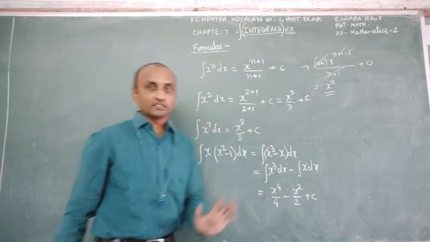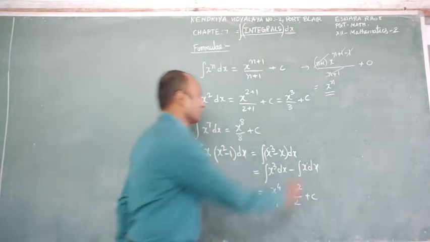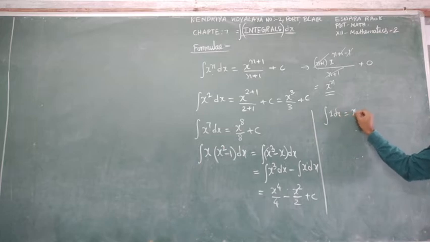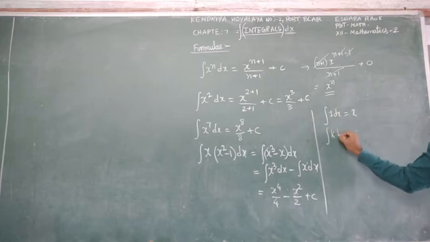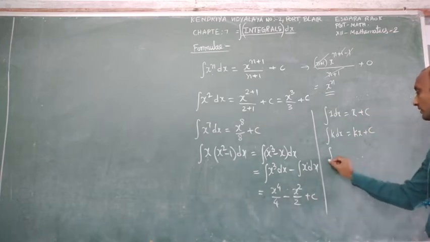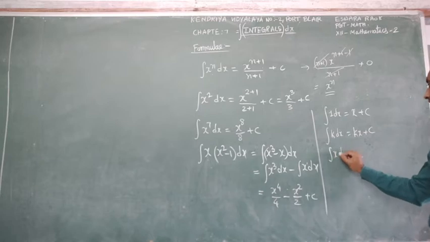So these are the related questions on integration. Now you can also try to remember these things. Integration of 1 dx is equal to x. Integration of k dx is equal to kx. Here plus c is compulsory. And integration of x dx is equal to x squared by 2 plus c.